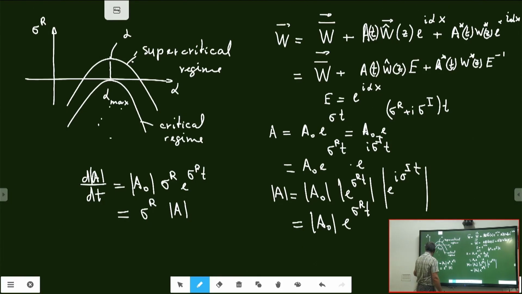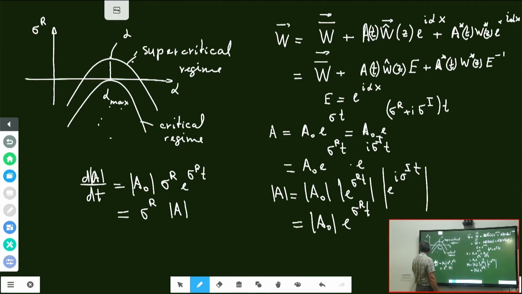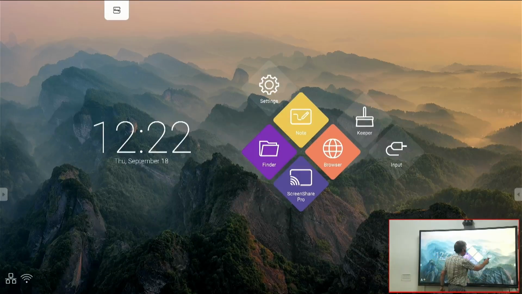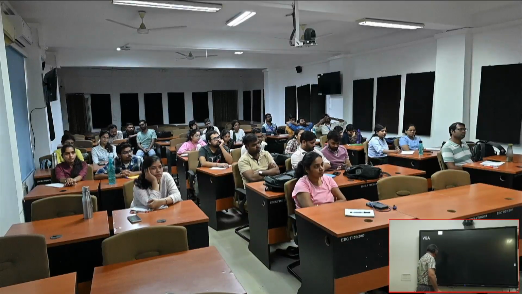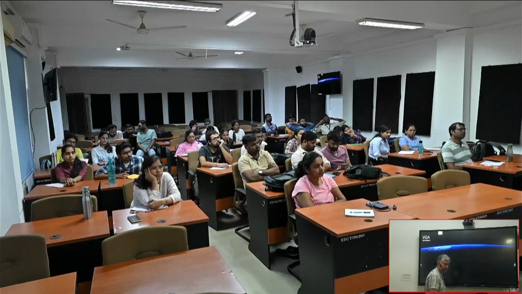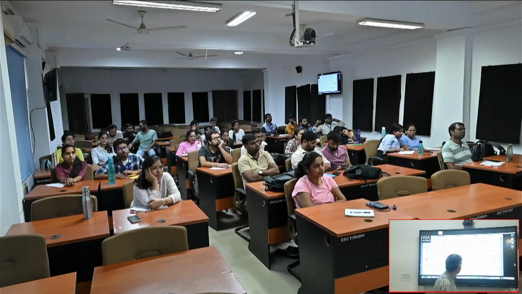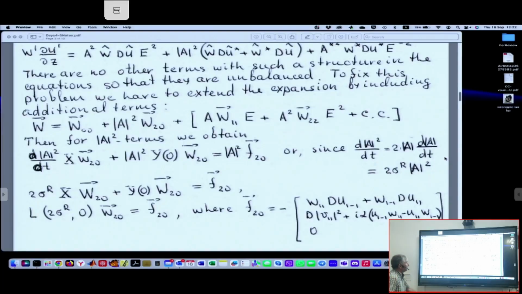So, all right, now let's keep going. So that's exactly what I have here then. So therefore, instead of the time derivative of the magnitude of A squared, I will simply get 2 sigma r. So differentiation of the magnitude of A squared gives me 2 sigma r.